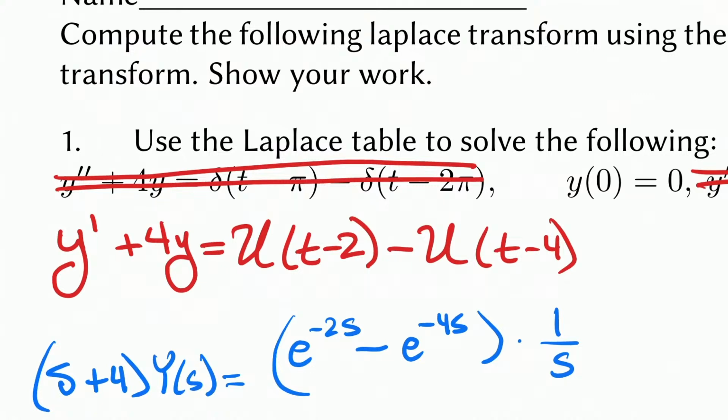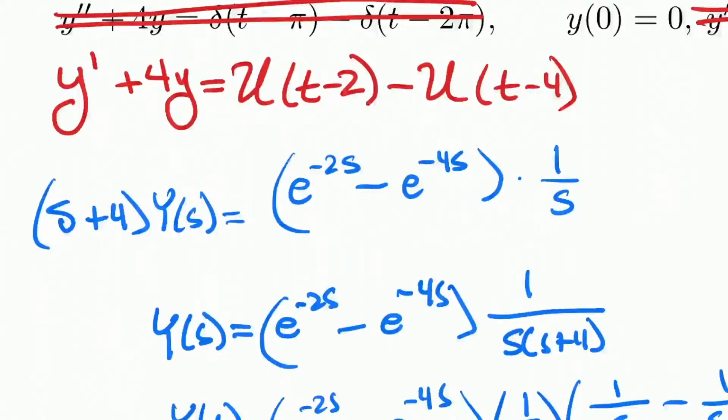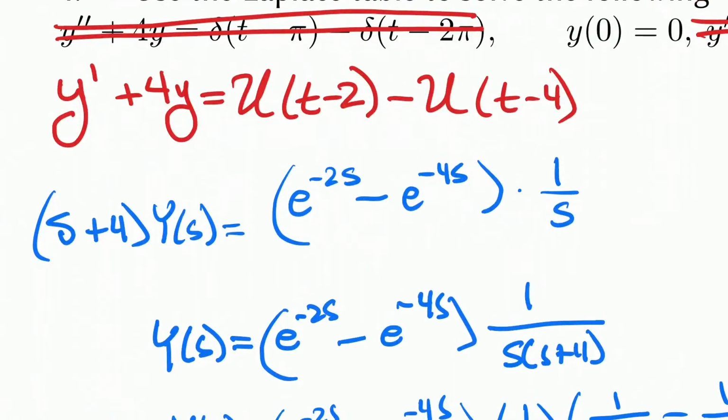And then I've got this stuff. I just factored out the 1 over S, so it's this over S and this over S. I remembered from homework problem number 173 that it was easier if you factored.